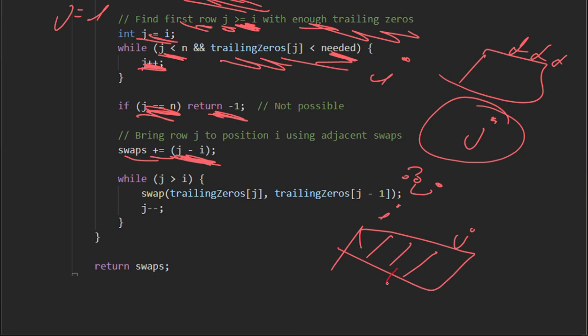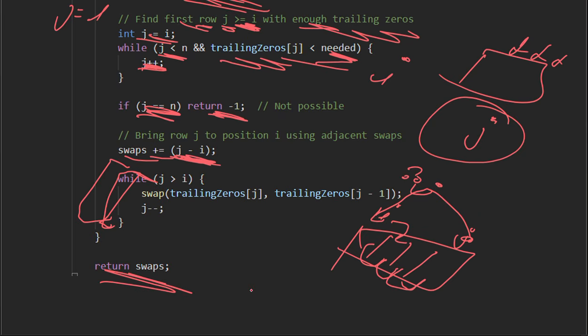Then we swap the adjacent elements: swap first these two, then these two, and then these two. Then this j will come over here and this i will come over here. So after incrementing the swaps, we swap all the adjacent rows, right? And at the end we return the total number of swaps.